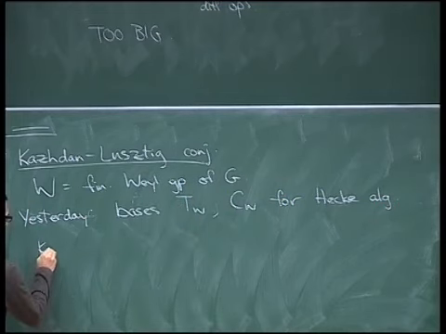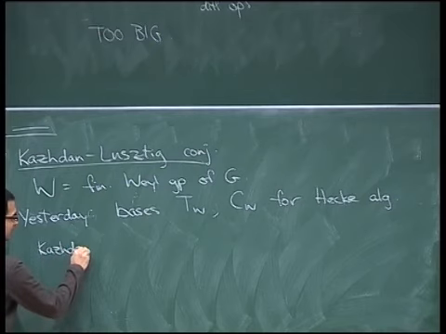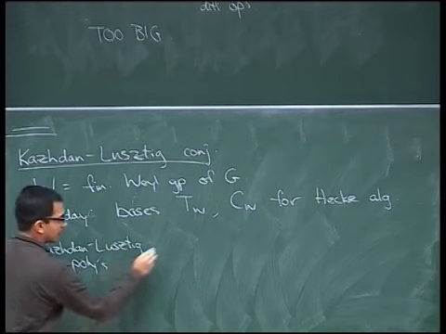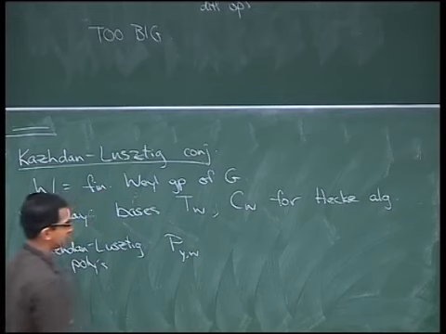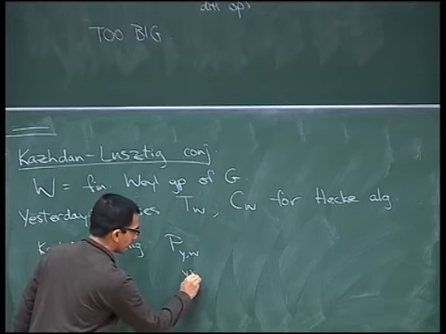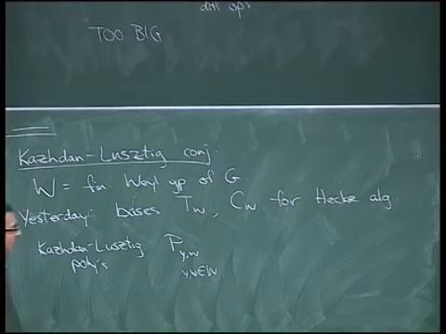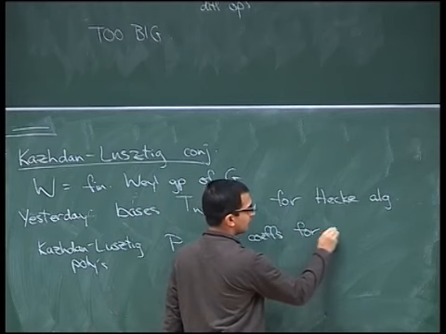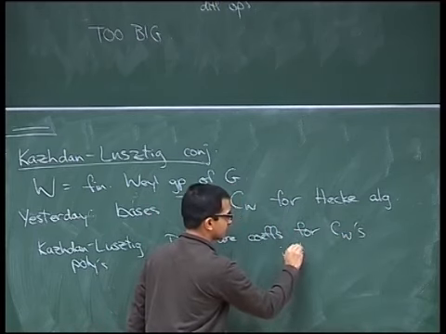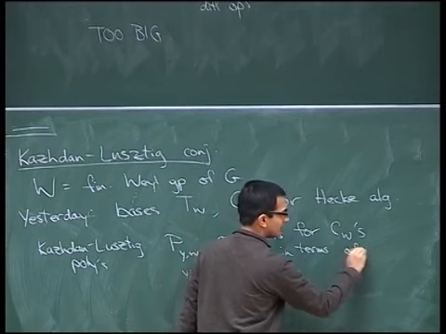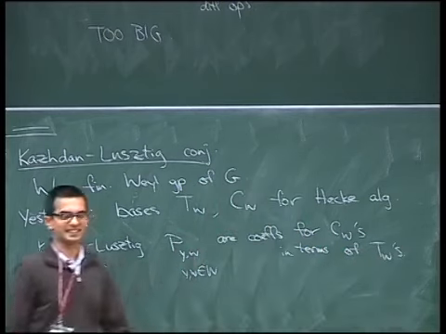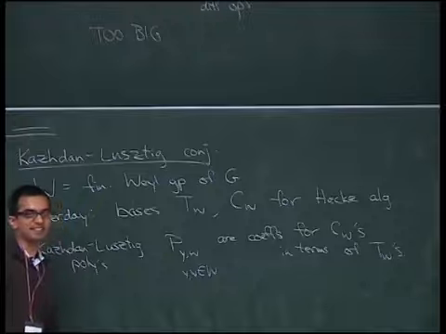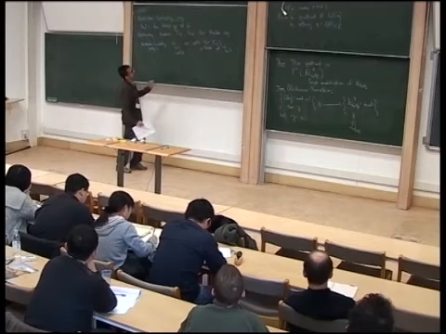And then the Kazhdan-Lusztig polynomials are the coefficients, so these I'll call P_{y,w}. The subscripts here, y and w, are both elements of the Weyl group. And these are the coefficients for the C_w's in terms of the T_w's. This is probably also slightly wrong because there are the C's and the C primes and the T's and the T tildes. So I'm not going to write down any formula, so it's okay if I don't worry about that.